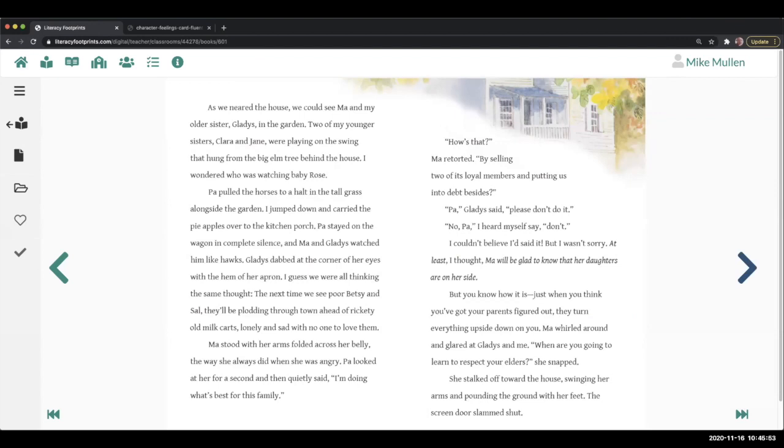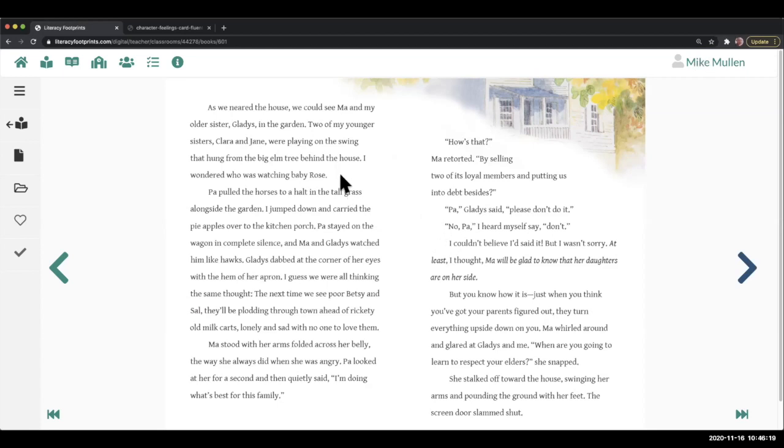Paul stayed on the wagon in complete silence, and Ma and Gladys watched him like hawks. Gladys dabbed the corner of her eyes with the hem of her apron. I guess we were all thinking the same thought. The next time we see poor Betsy and Sal, they'll be plodding through town ahead of a rickety old milk cart, lonely and sad with no one to love them.